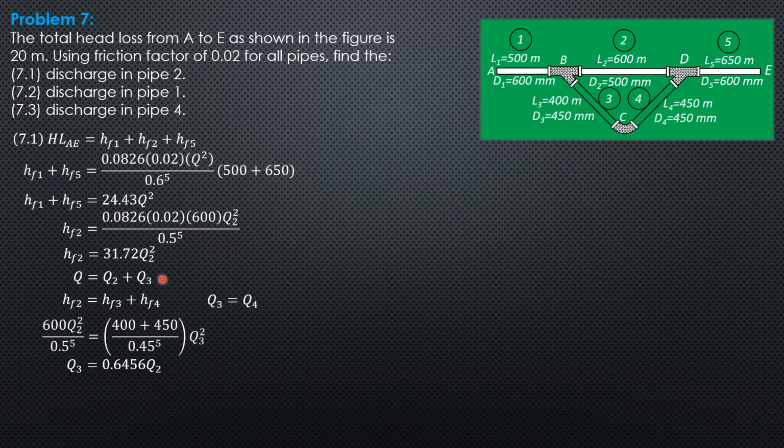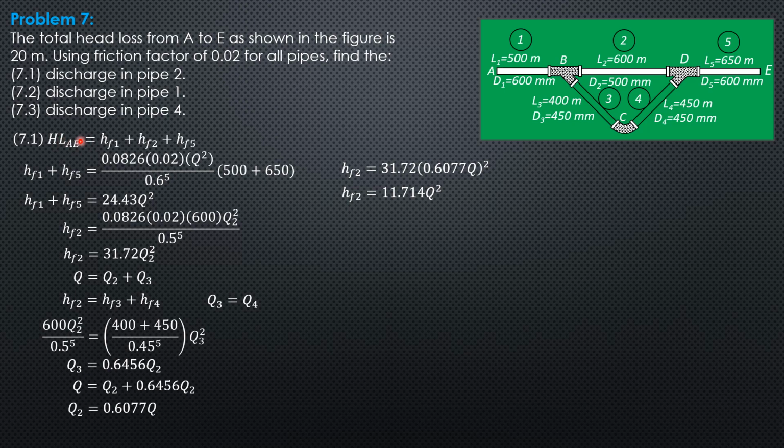Then substitute into this equation: Q equals Q2 plus 0.6456 of Q2. So Q2 in terms of Q is 0.6077 of Q. Substitute here for HF2, 31.72 of quantity 0.6077 of Q square. So HF2 is now in terms of Q square.